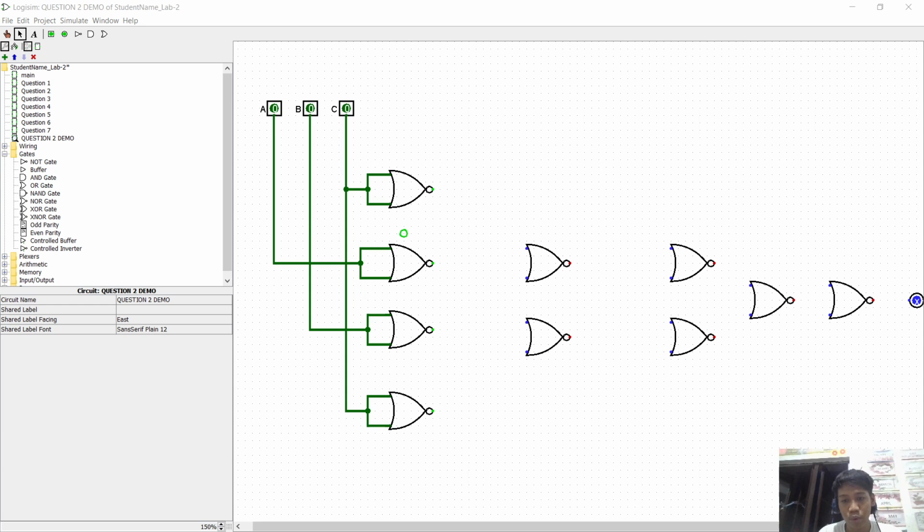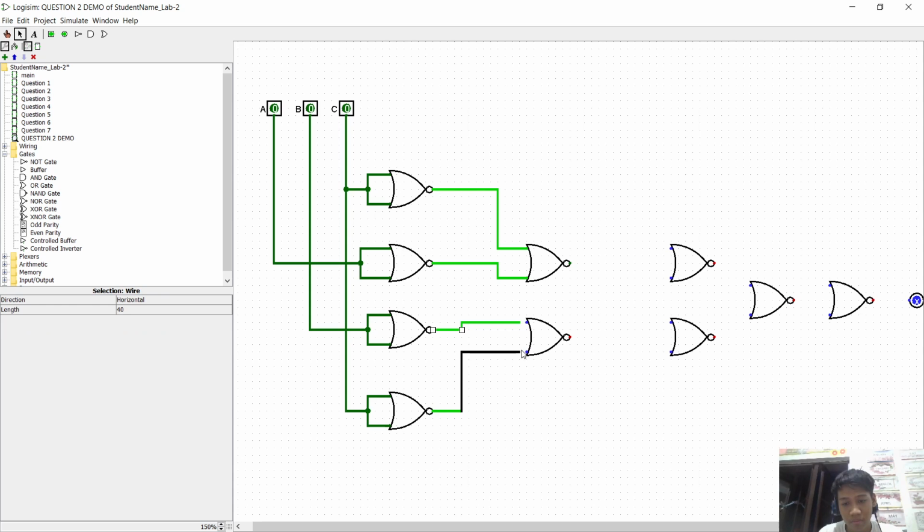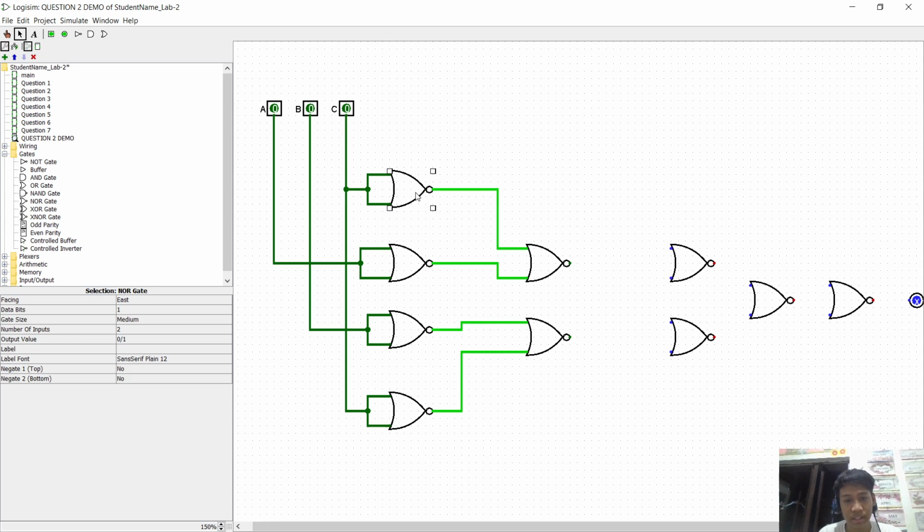After that, we will be connecting it to the next logic gates. These first four logic gates will serve as an inverter for the inputs A, B, and C. This will be C prime, we will be labeling it C prime.